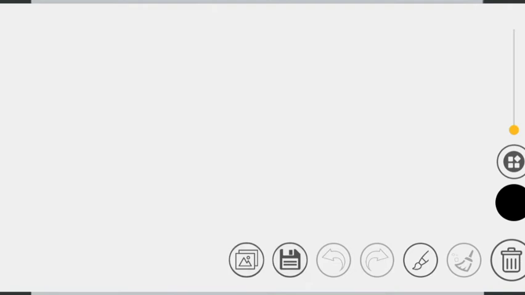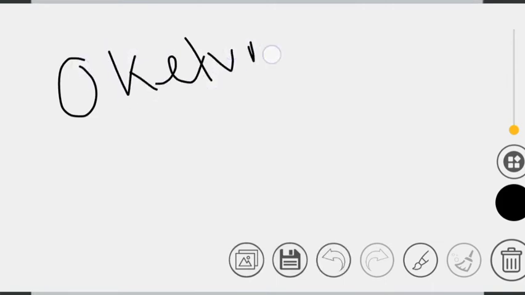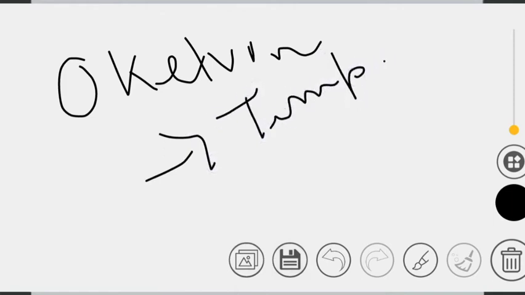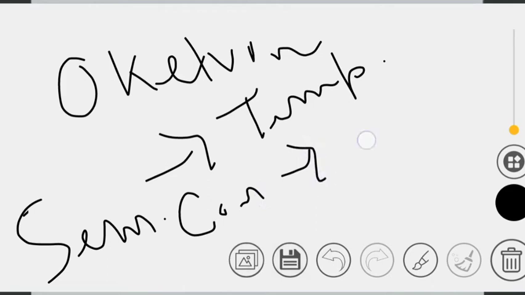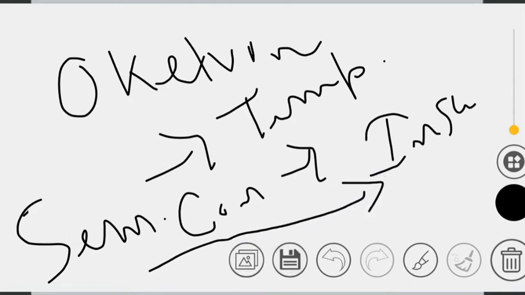Next property is at 0 Kelvin temperature. At 0 Kelvin, our semiconductor, sorry, I'm extremely sorry, our semiconductor acts like an insulator. Means when we have a temperature of 0 Kelvin, the semiconductor acts like an insulator.